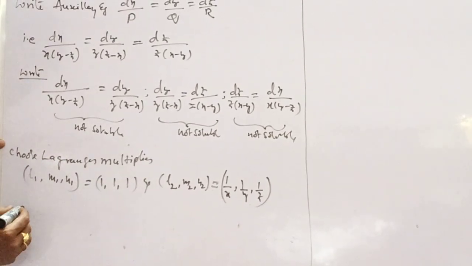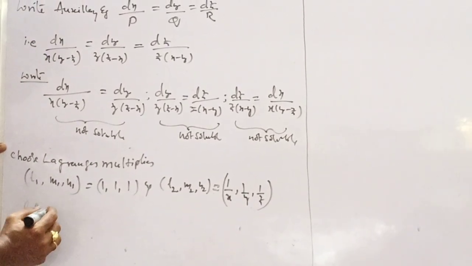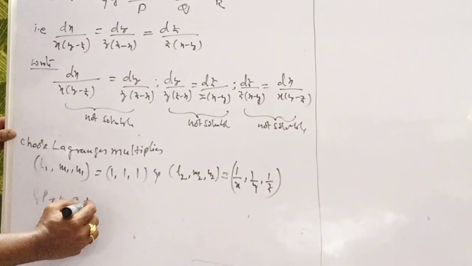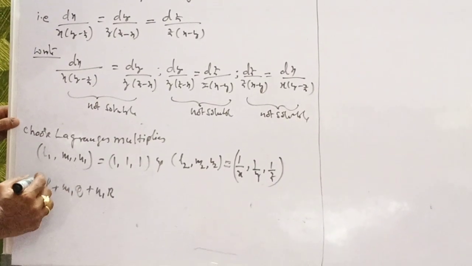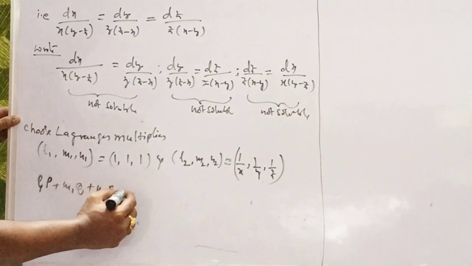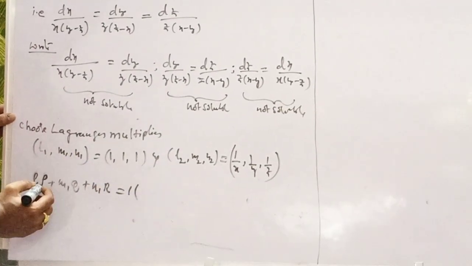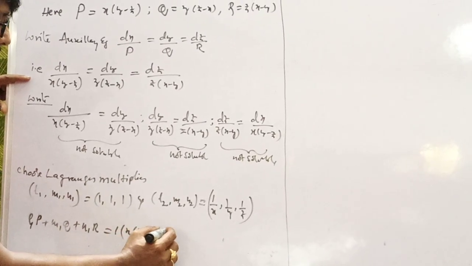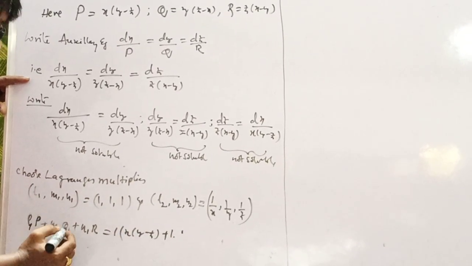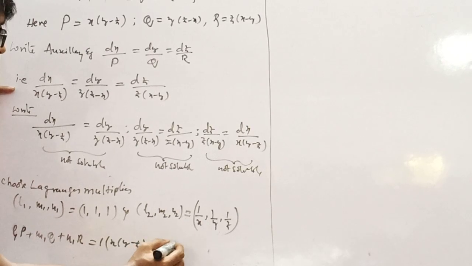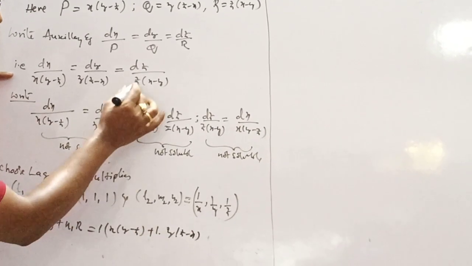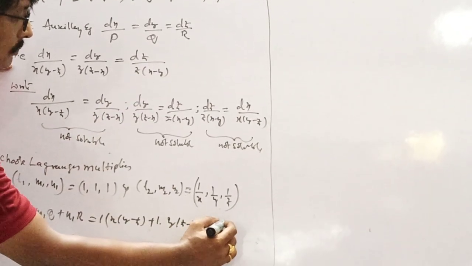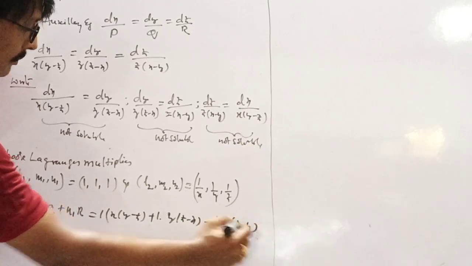Okay, so l1 P, m1 Q, n1 R. What is 1, 1, 1? 1 into P value is x(y - z), 1 into Q value is y(z - x), and R value is 1 into z(x - y).